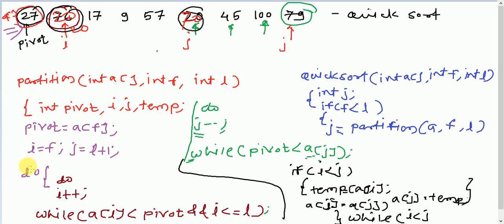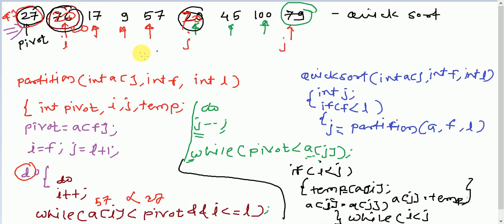Again this will come into this do while loop, do I plus plus. Now I plus plus, I will point to 17. 17 is smaller than 27, yes, I is not reaching the last element. Do I plus plus, I will come at 9. This 9 is smaller than 27, I plus plus, I will come at 57. So A of I is now 57 and pivot value is 27. So this will break.